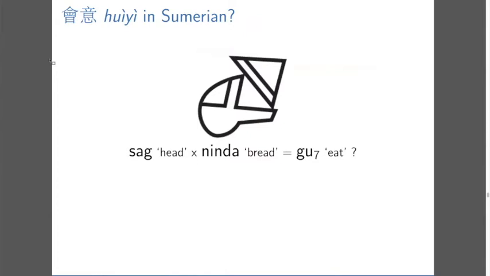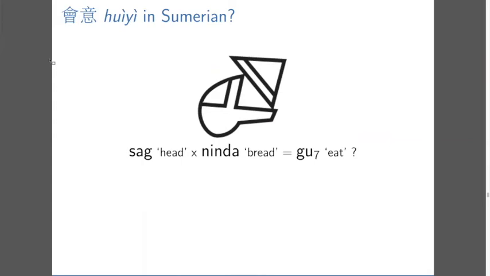Let's look at Sumerian. Does Sumerian have hui characters? I don't know what the Sumerianists say. They probably don't call them hui characters in any case. But here is one example I have seen discussed in the secondary literature: sag plus ninda, so head plus bread, can be read gu, which means eat.